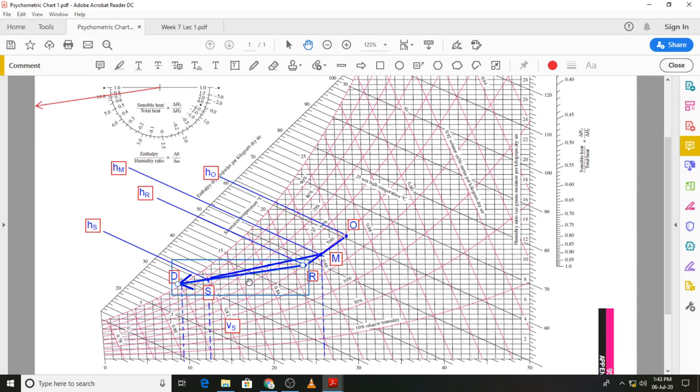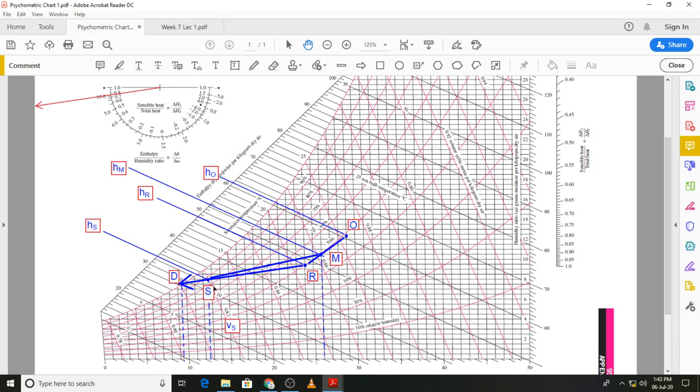Where on this line it will lie, that was determined by the dry bulb temperature given to us. So first I drew a line from state R which was parallel to the space condition line which I had drawn on the protractor. Then I used the dry bulb temperature at state S, and the intersection of these two lines provided us with the state S.